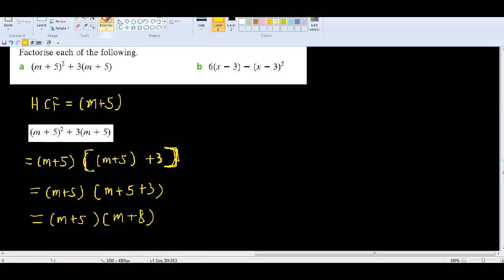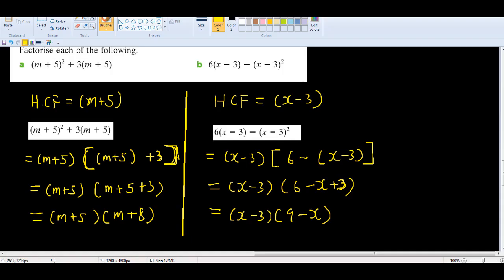So I'm going to give you some time to think about the second one. Also, let's see part B. Okay, so here's the answer. It's pretty much the same as A, but the only thing you need to be a bit more careful about is the minus sign here.